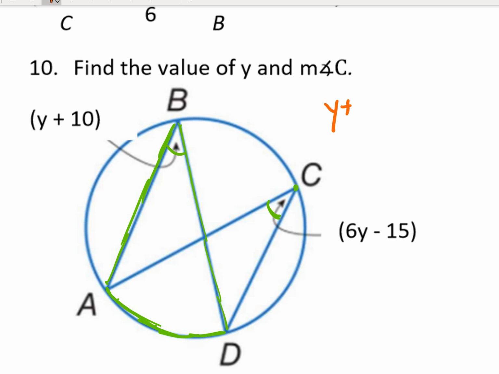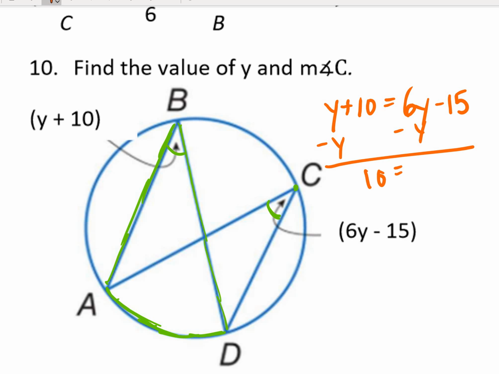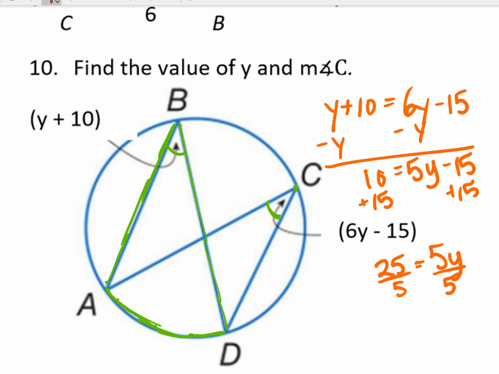So y plus 10 equals 6y minus 15. Minus y, solve for y. Get all your y's to one side, get your numbers to the other. And we'll end up with 5y equals 25. Divide by 5. y equals 5.